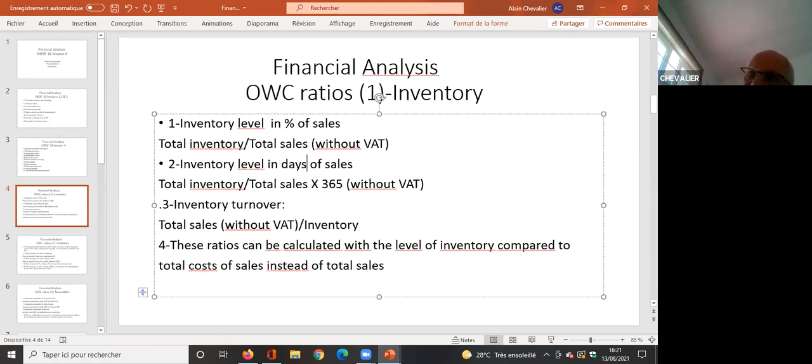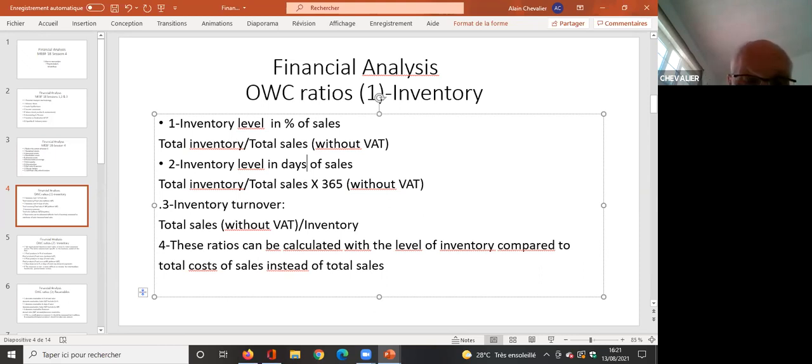And to calculate the total cost of sales, the only solution is to start with the sales level. To say, for example, my total sales level without VAT is 100. I know my net earnings divided by sales is about 10%.